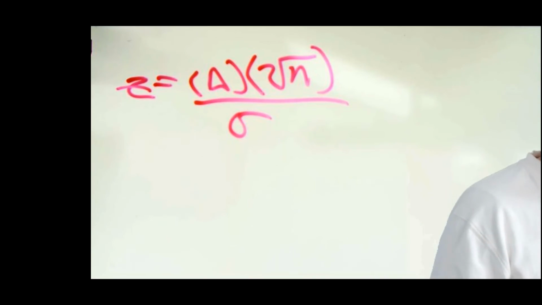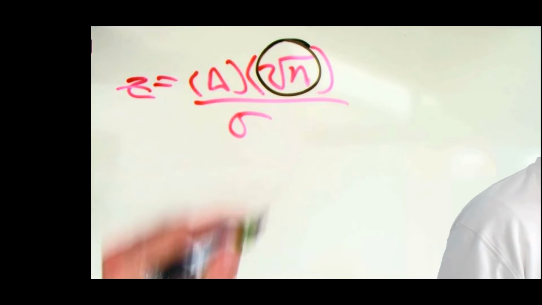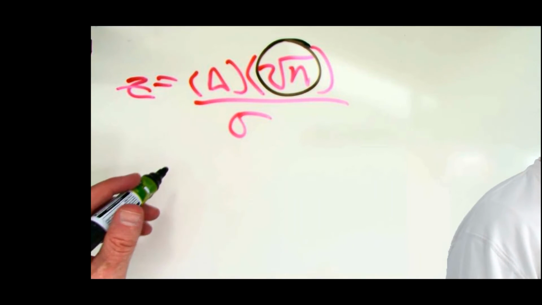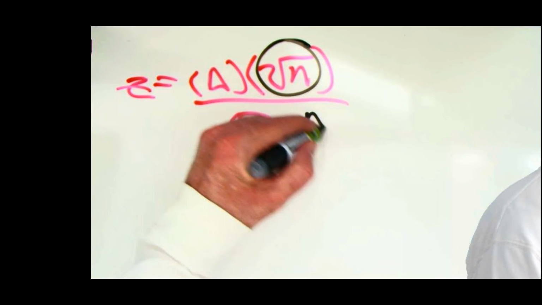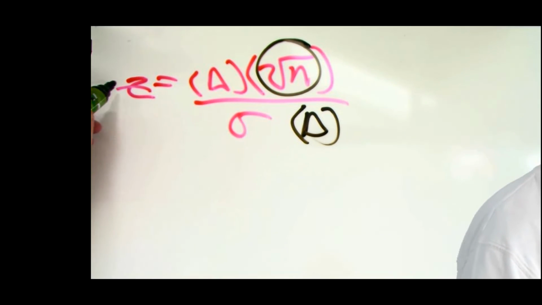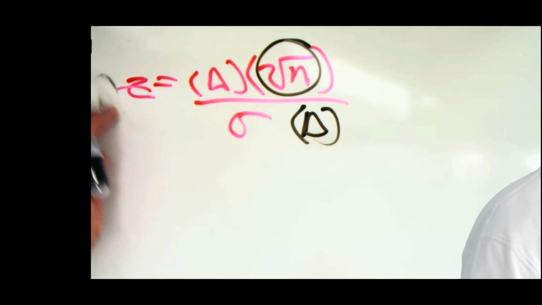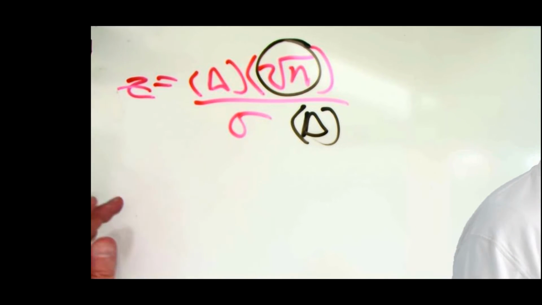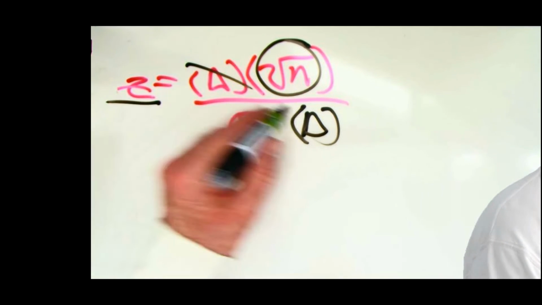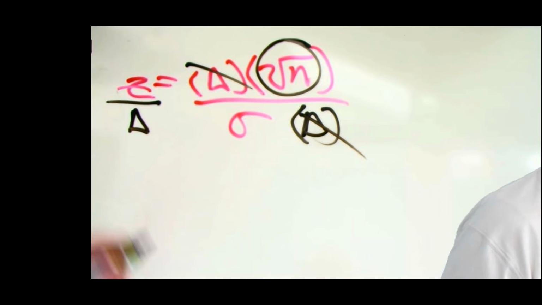So I'm going to solve for the square root of n. And to do that, I'm going to divide both sides by delta. That'll cancel this out and put delta down here. Correct?